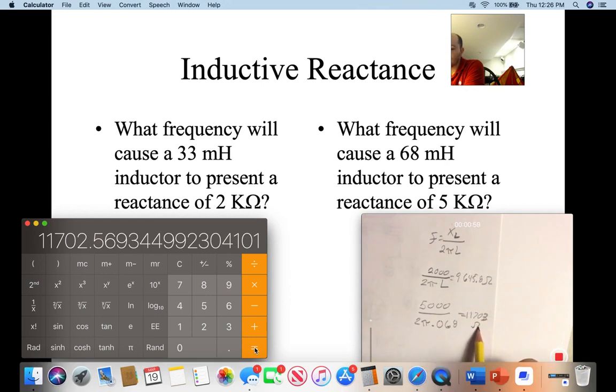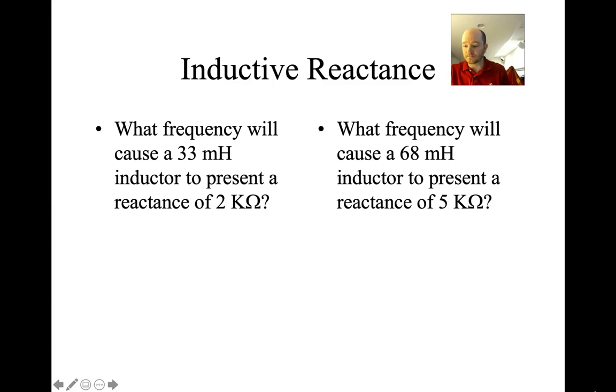Oops, ran out of space. We'll call that hertz. All right? And that's how we calculate out a needed inductive reactance when my frequency can be varied. All right, and this would then give me a set amount of current based off of whatever voltage I might be looking for.